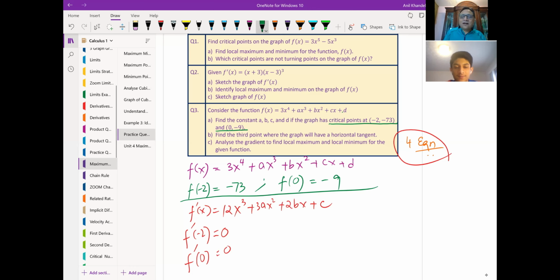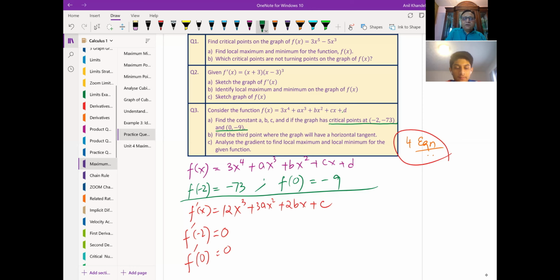A polynomial is a smooth curve; they do not have a corner. So the derivative cannot be undefined. It can be only 0. So the critical numbers are also stationary points. Now we have this, and I'll leave it for you to figure out.